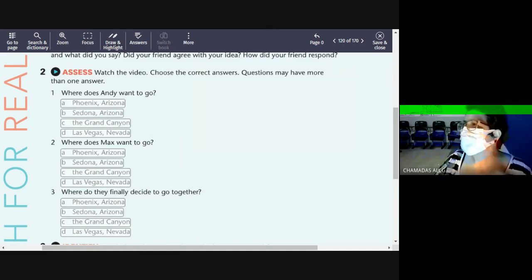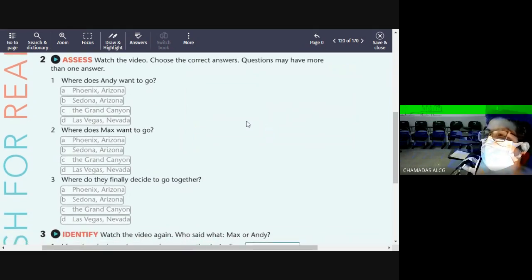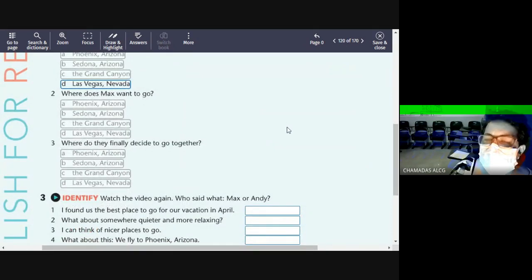Okay. Yes. Could you get the places they decided to go together? So let's see. First of all, where does Andy want to go? Okay. Where does Max want to go?